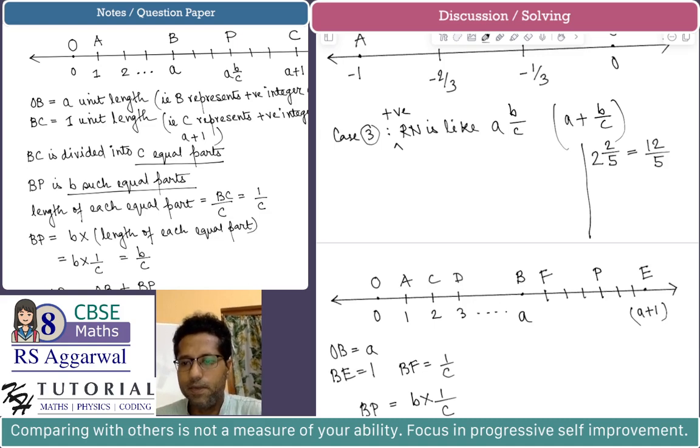Then the point P will represent the rational number a and b by c.